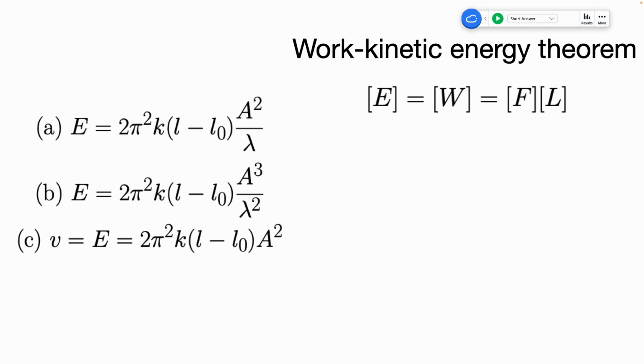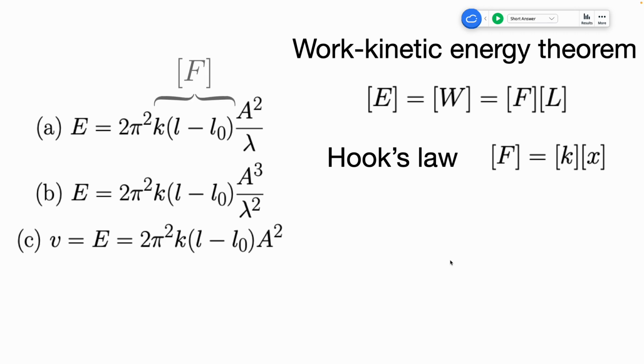Why do you want to do that? Because you also know Hooke's law. You have a spring, it's annoying to analyze all the dimensions, but if you see a spring constant multiplied by a length, that gives you a force. So everything in here is basically a force. Spring constant times the length is a force. And if you want energy, you are just missing a length.